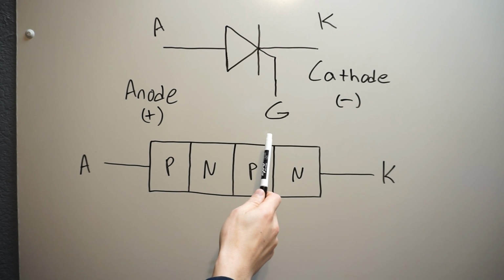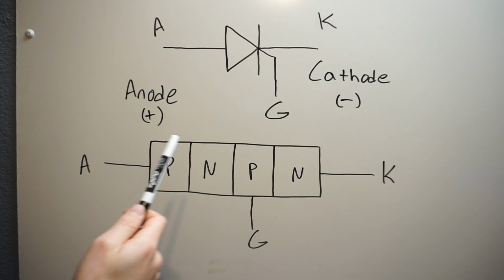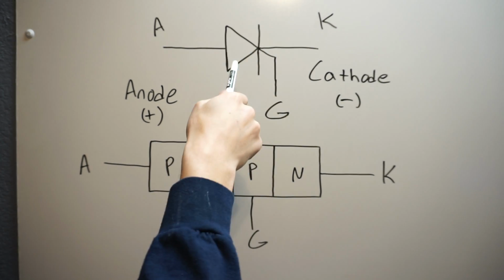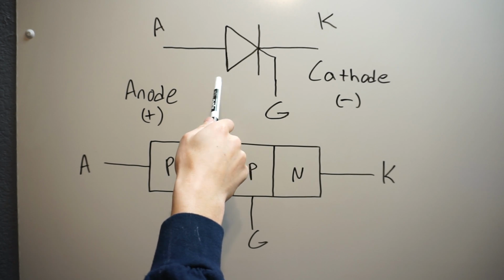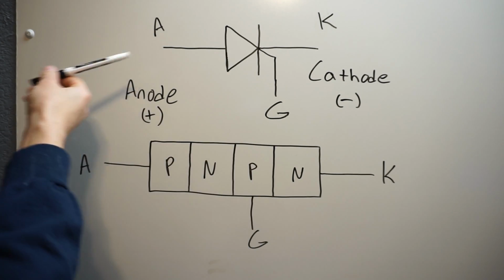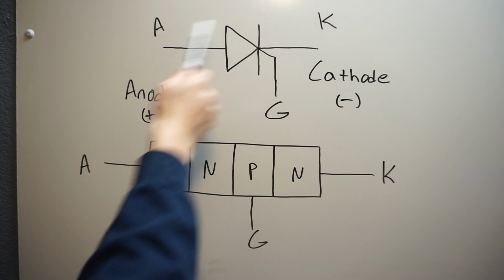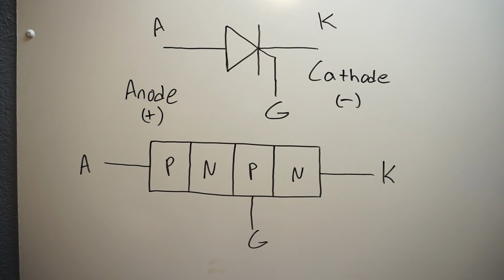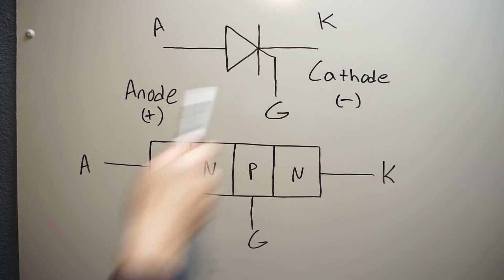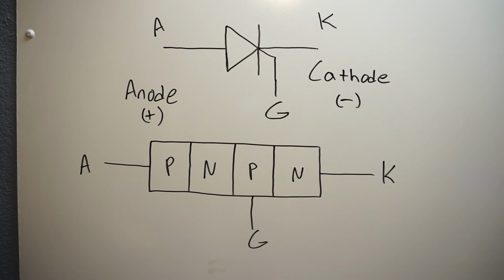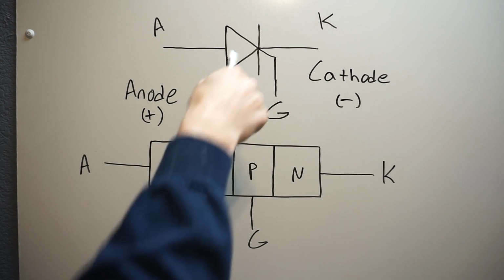Once you turn this SCR on, you cannot turn it off until the amount of current flowing from the anode to cathode is significantly small, below the holding current of this device. You can find the holding current in the data sheet, but it's usually somewhere around tens of milliamps, depending on what kind of component you're looking at. These come in all sizes, and they go up to hundreds of amps. We're talking large components.